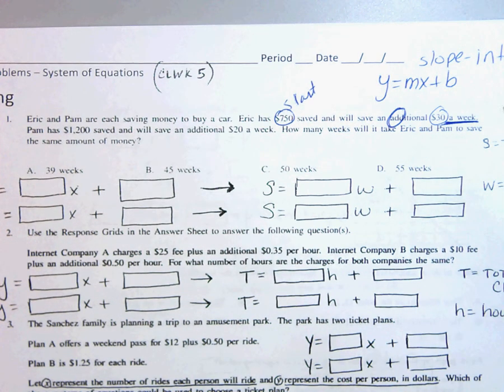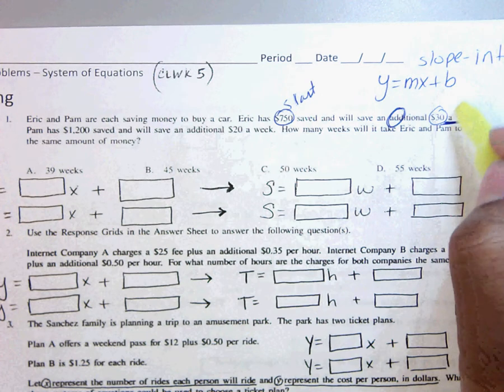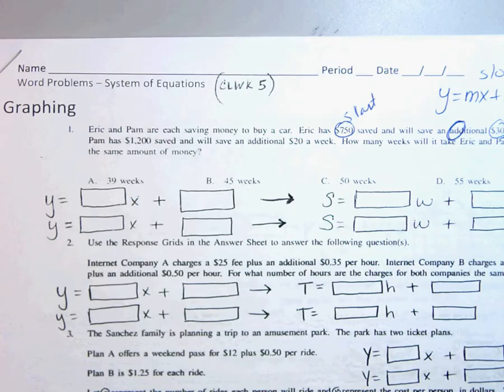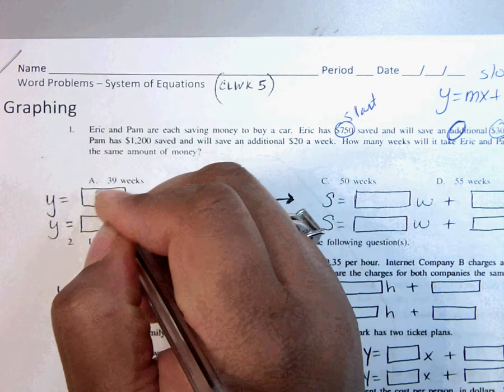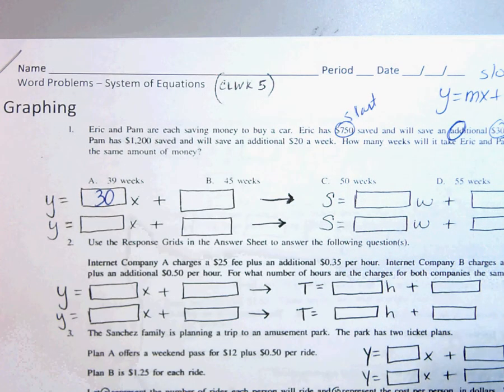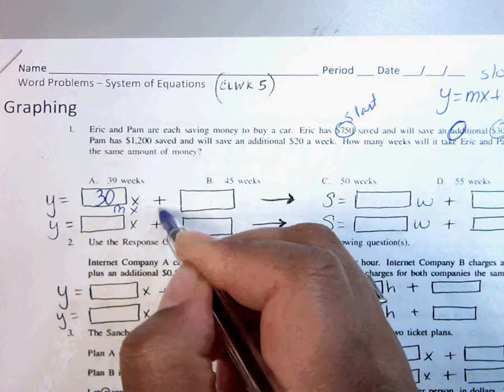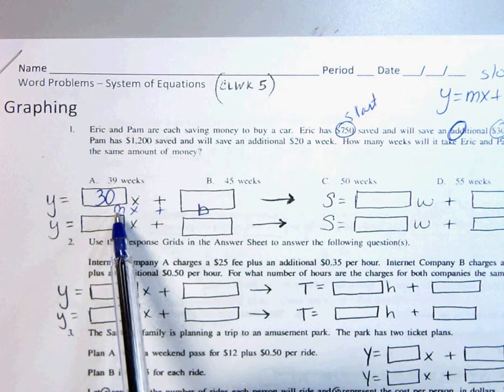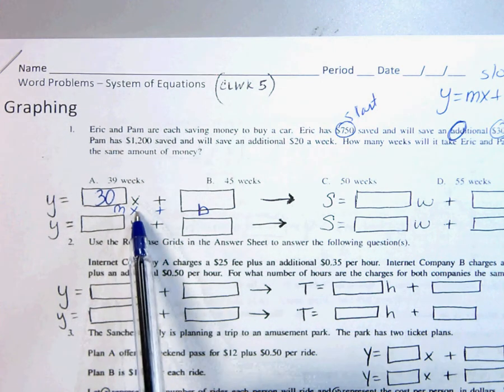M is always the number next to a, per, or each. And in this sentence, I see 30 next to a. Therefore, 30 will be m. So I write it in the m spot because mx plus b tells me m goes next to x.